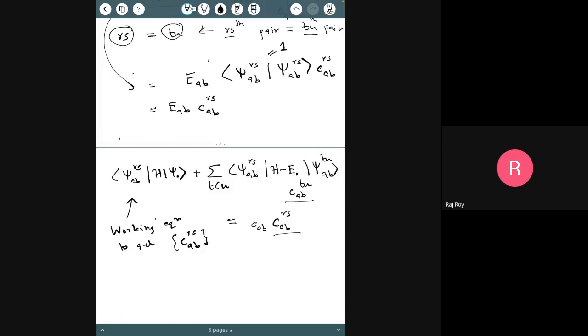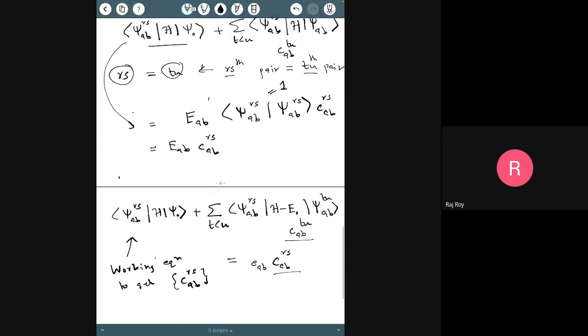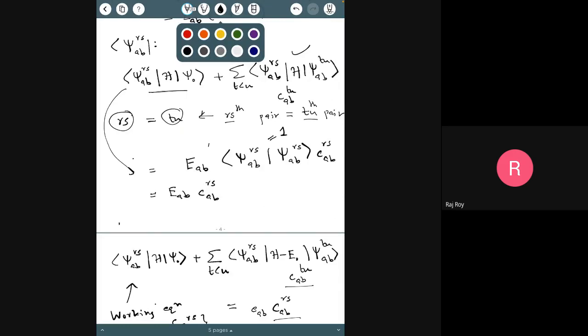And now we can recast the energy equation and the equation for obtaining the coefficients as a matrix equation. So we combine the two equations and we define some quantities. So let's say I define this.